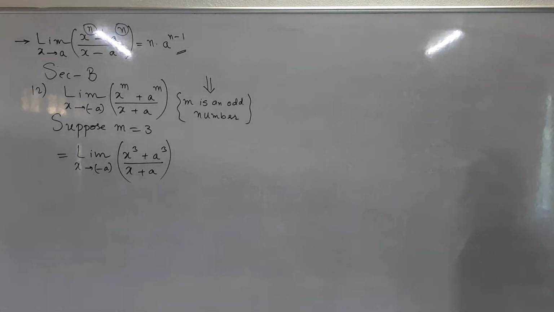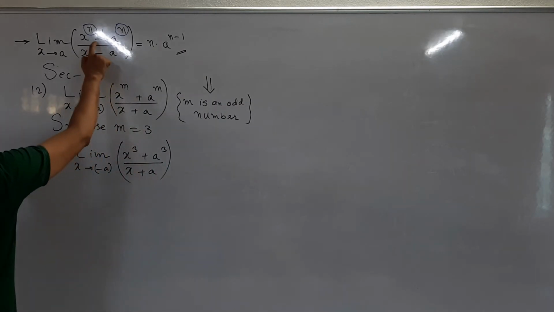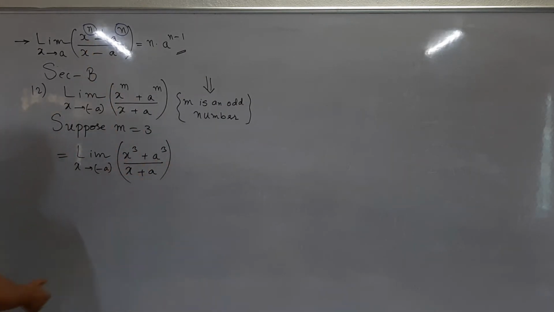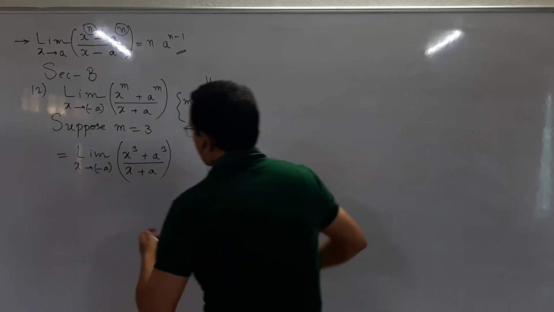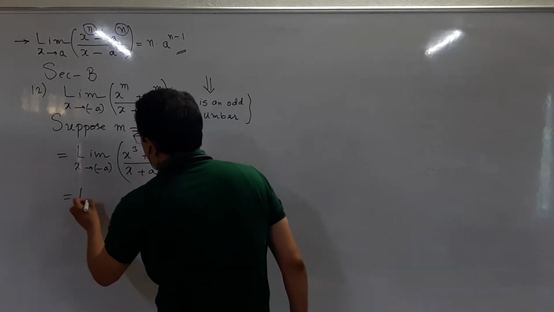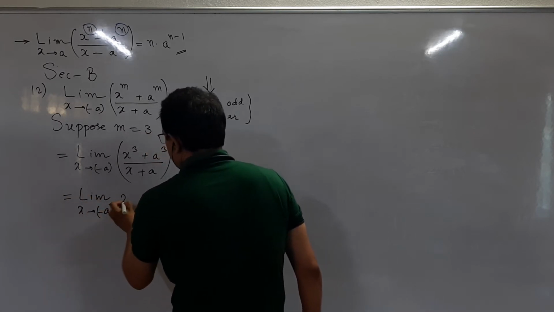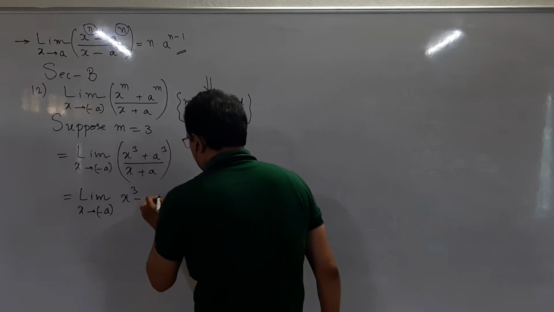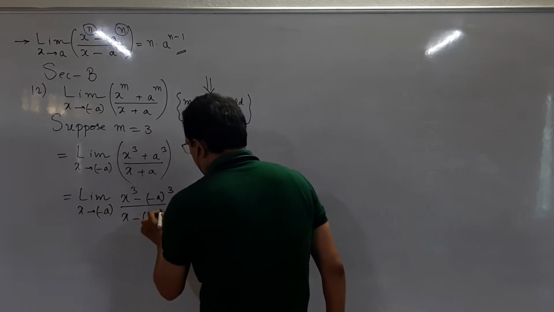Yes or no? Correct. Now according to the formula, I should have a negative sign between these two terms. For that, I am rewriting this as limit x tends to minus a, x cube minus minus a the whole cube upon x minus minus a.